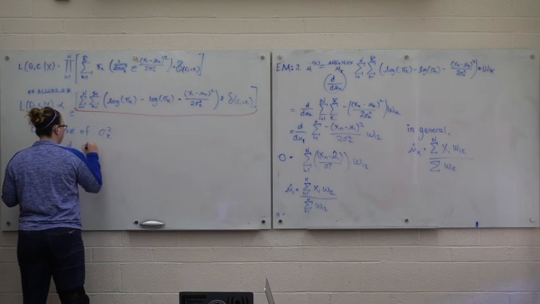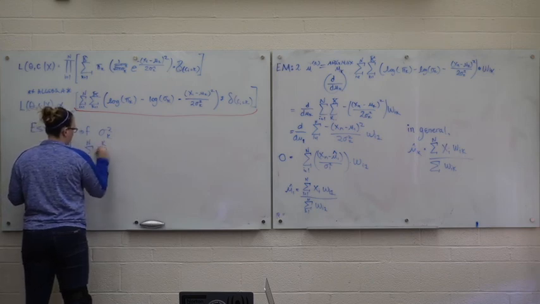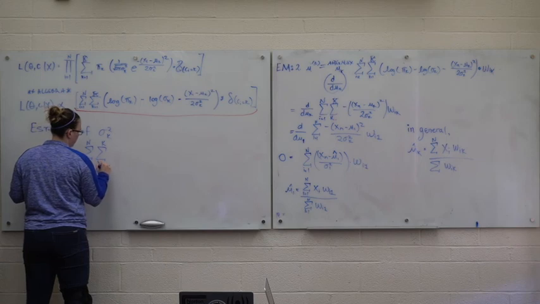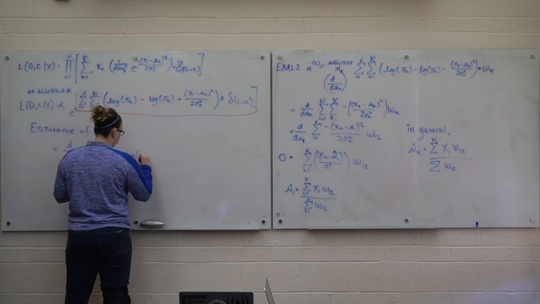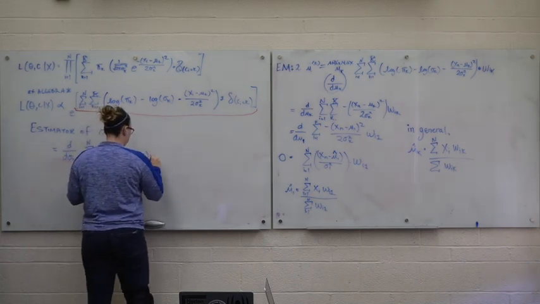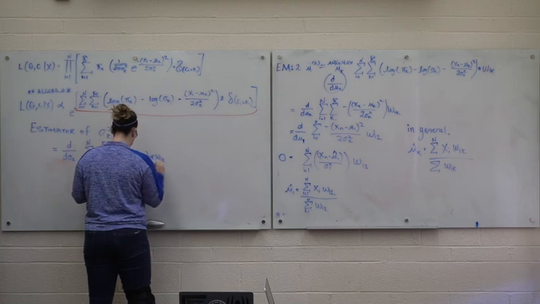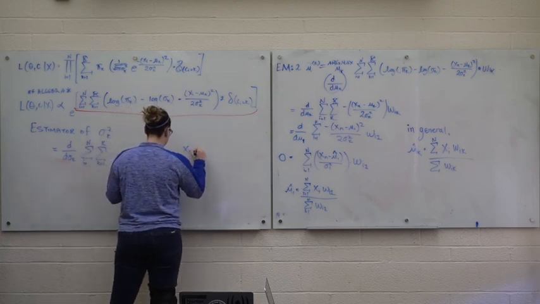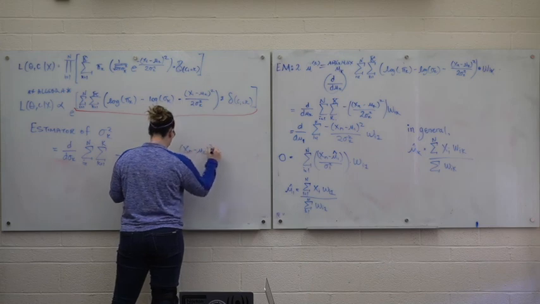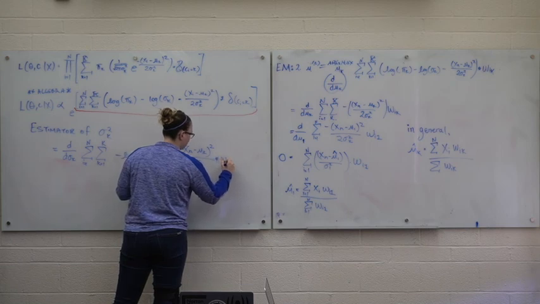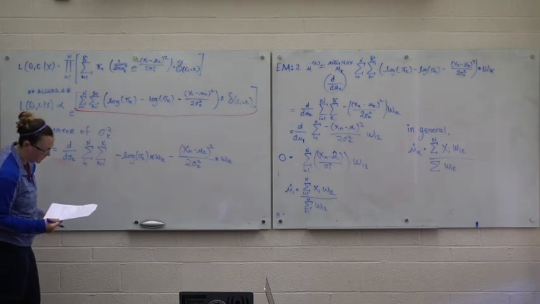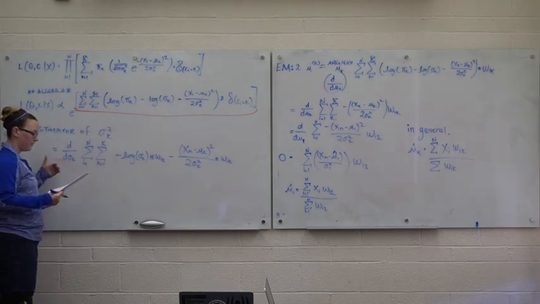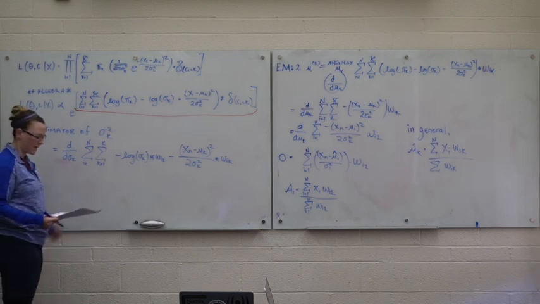We're going to have the sum over n, the sum over k, that's i equals 1, k equals 1, of minus log sigma k times our weights, minus x n minus mu k squared all over 2 times our weights. Okay? All I did was, from the log likelihood function, take out the things that didn't have the sigma k's.